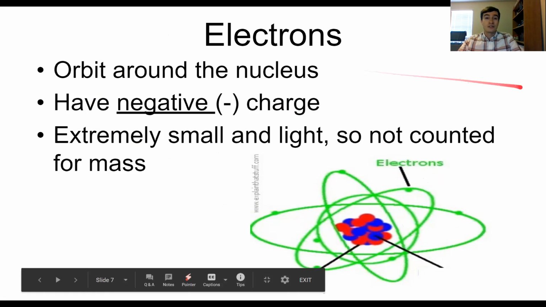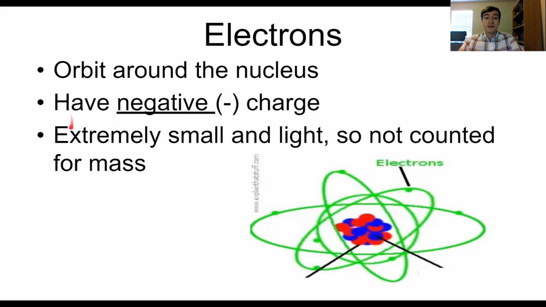So electrons, these are the guys that have the negative charge. So electrons are negative. They have a minus charge. So protons are positive. Neutrons have no charge. And then the electrons are our negative charges.